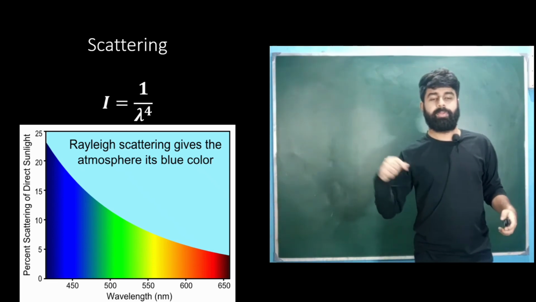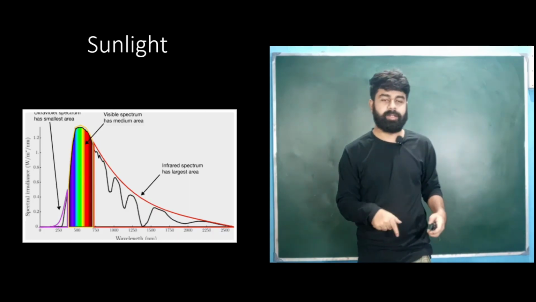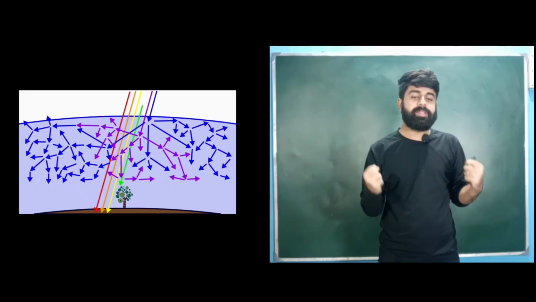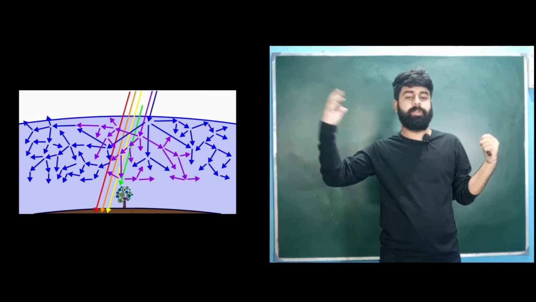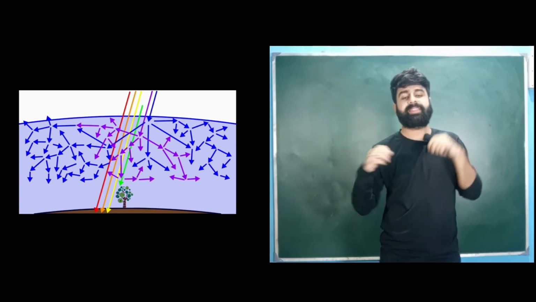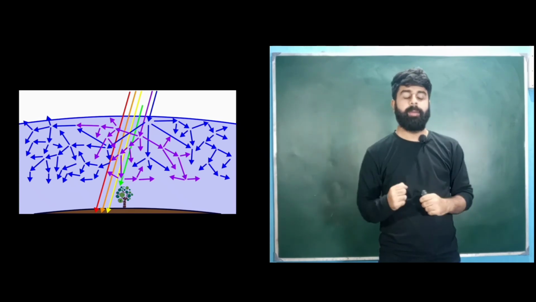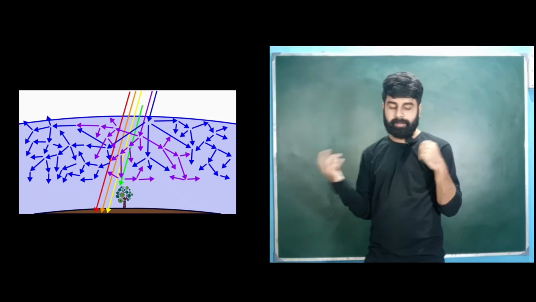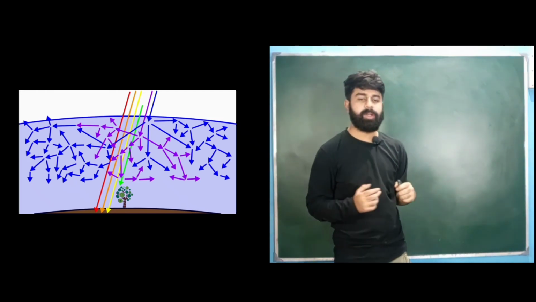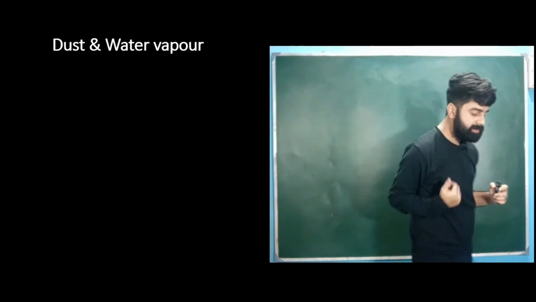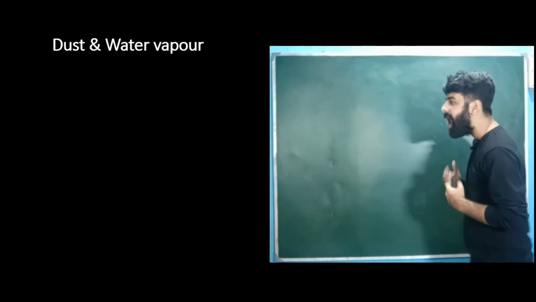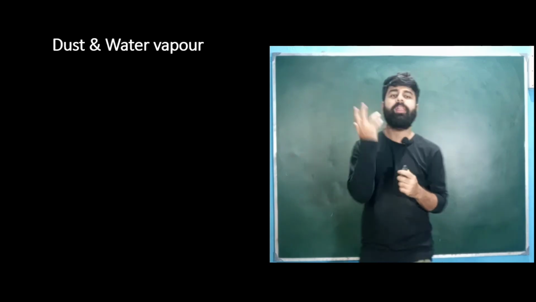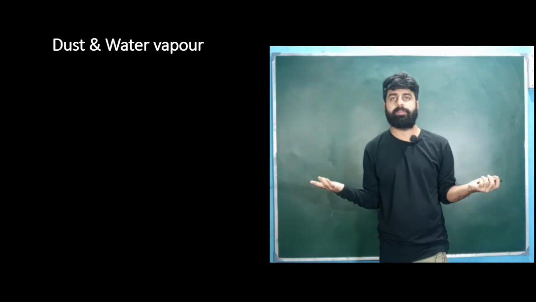Here is another plot. You can see violet light is scattered too much, and the indigo and blue are scattered too much in the atmosphere. But the problem is we can't see the ultraviolet and the violet light in the sky just because our eyes can't see those colors.